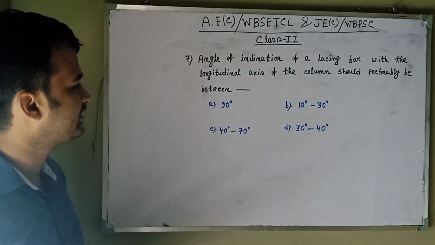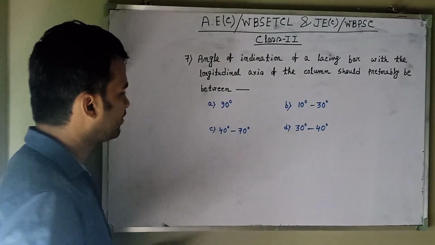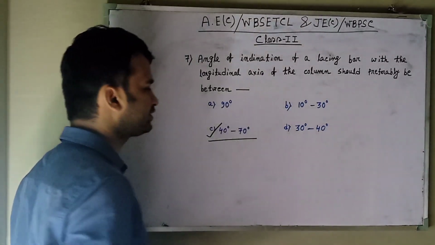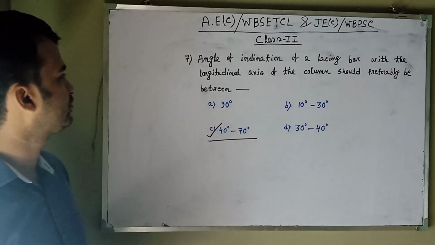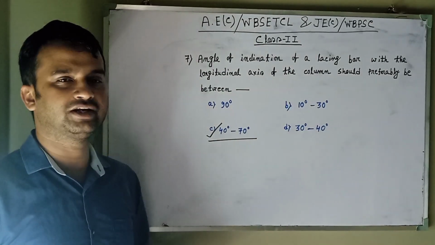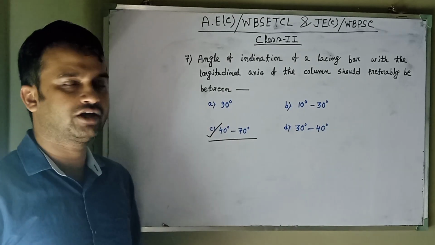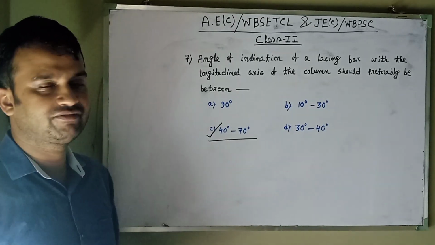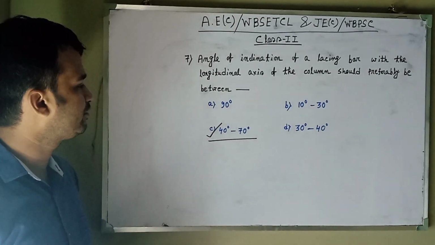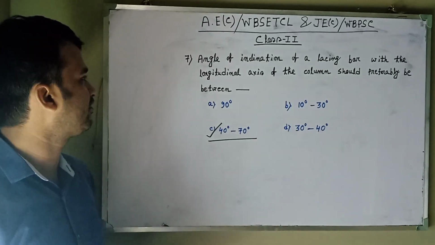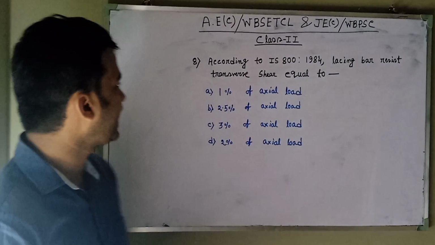So the correct answer is option C, 40 degree to 70 degree. The angle of inclination of a lacing bar with the longitudinal axis of the column should preferably be between 40 degree to 70 degree.